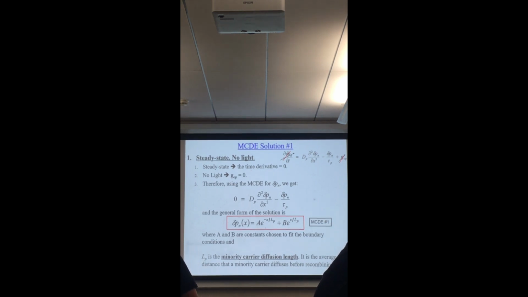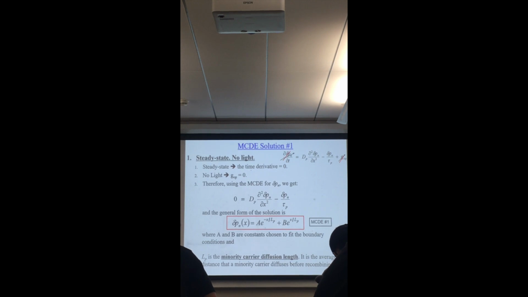In this equation, we also have this L sub p, and L sub p is called the minority carrier diffusion length. This diffusion length is related to the recombination lifetime and the diffusion coefficient.